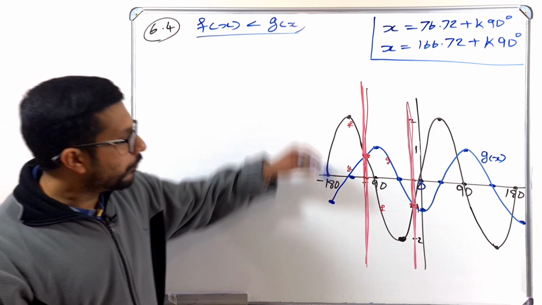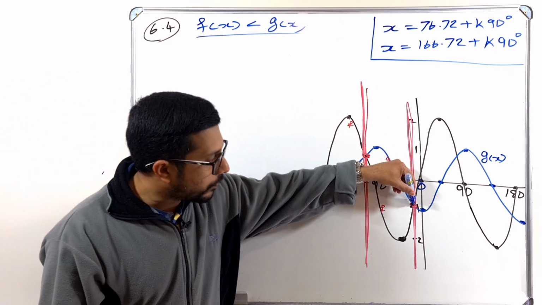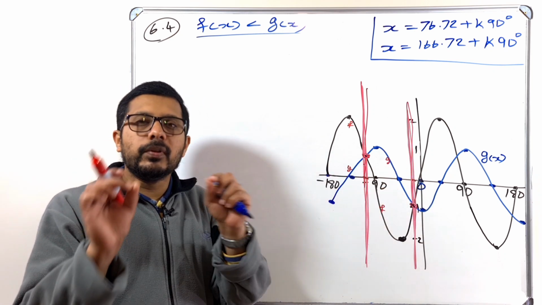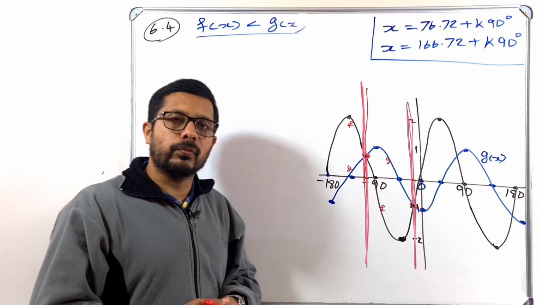So anyway, we have to find the x value at this point and the x value at this point. Then we can say that between those two x values, the g of x graph is on top, or g of x is greater.